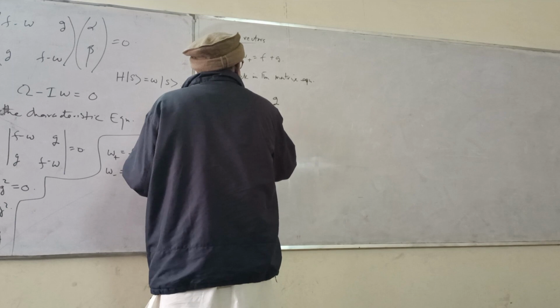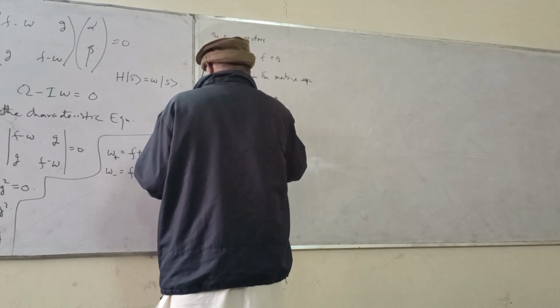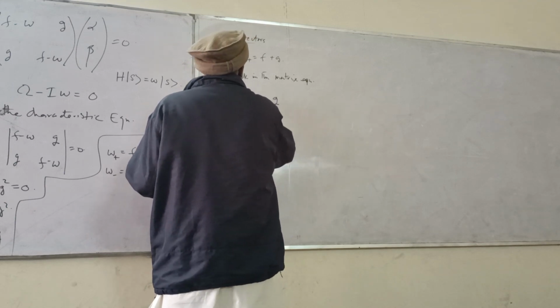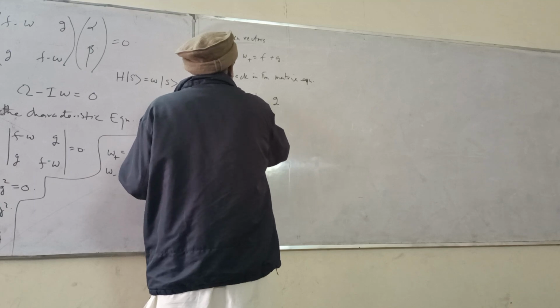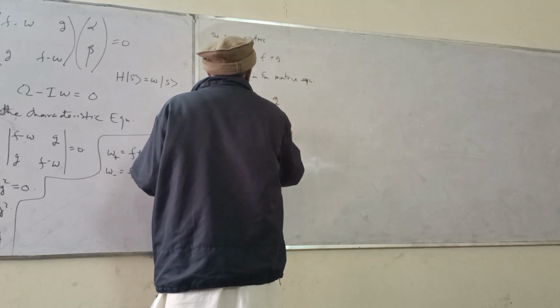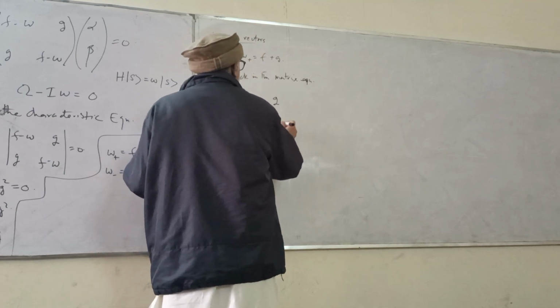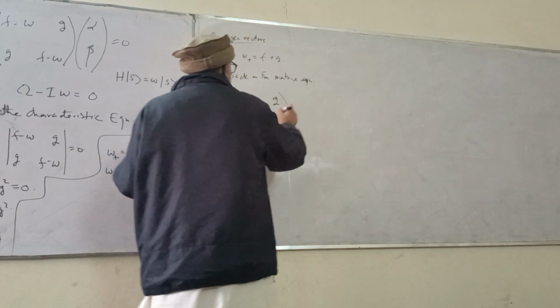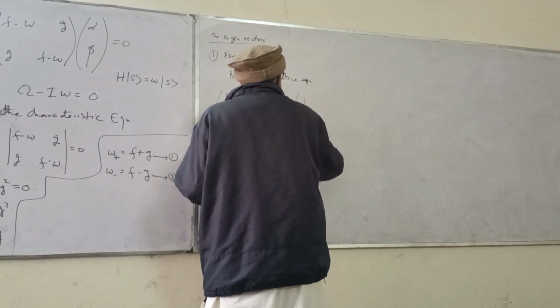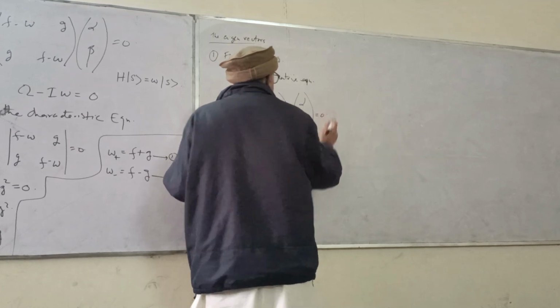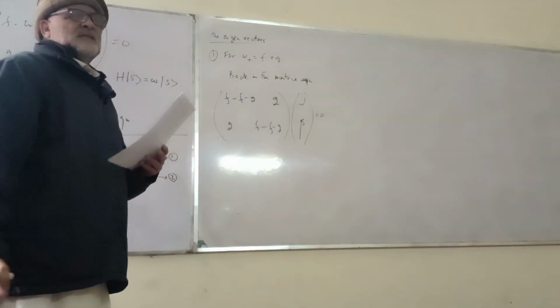And f minus, that will become minus, f minus g, right? And alpha beta equal to 0.